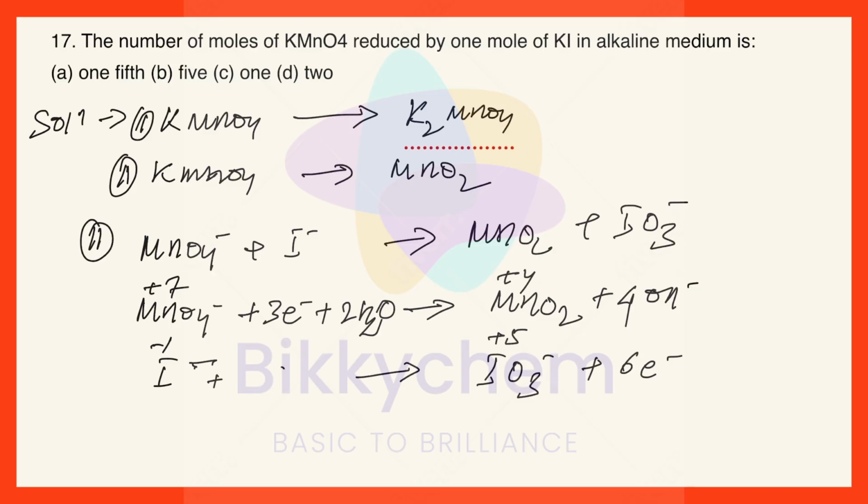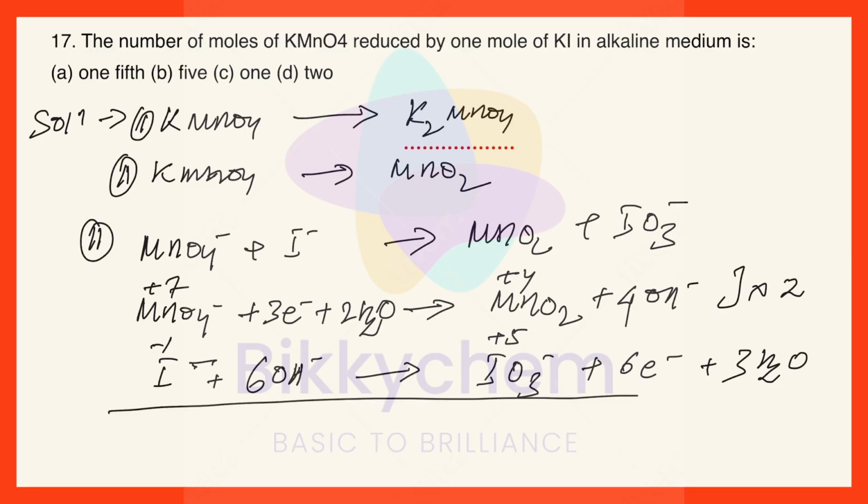And in the basic medium, we will write here water also, so 3 molecules of water, 6OH, so 6 electrons are there. 3 electrons are there, multiply with the 2, so it became 6 and 6, so the 6 and 6 will be cancelled.